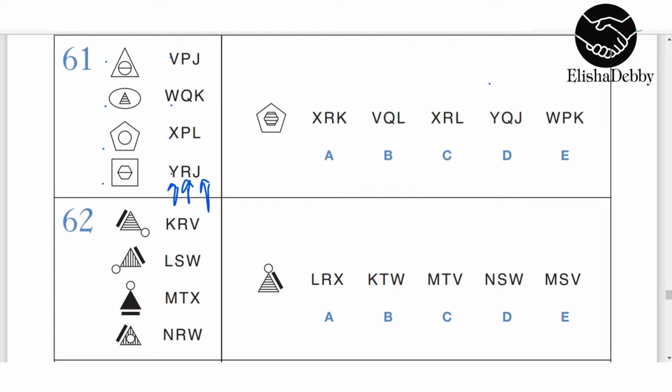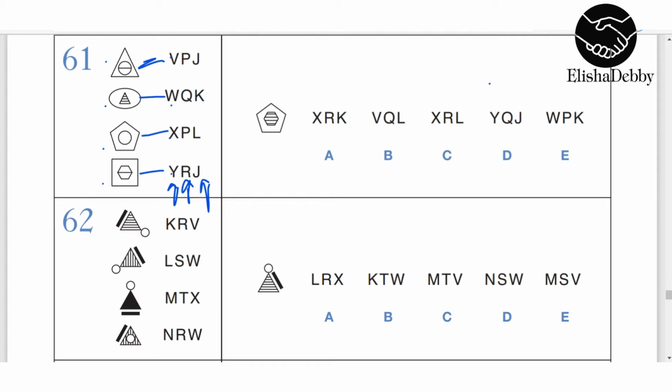So this is a triangle. I will say V is a triangle, W is an oval, X is a pentagon, and Y will be a square. So the first letter tells us what kind of shape. The first letter is the shape.